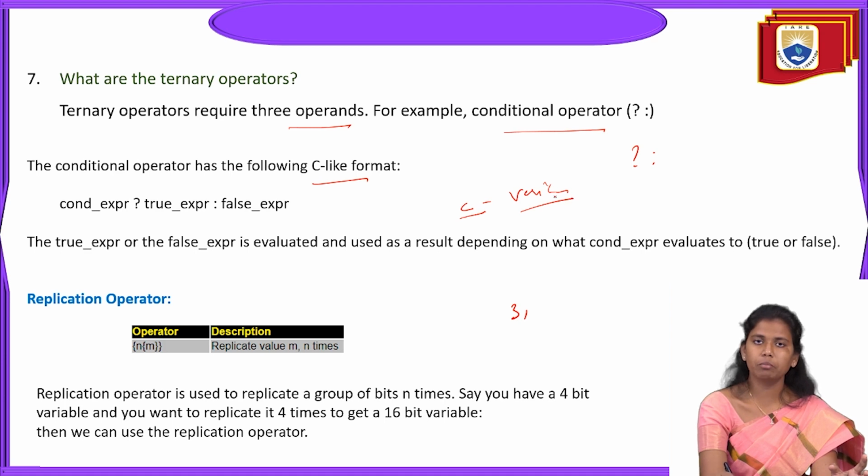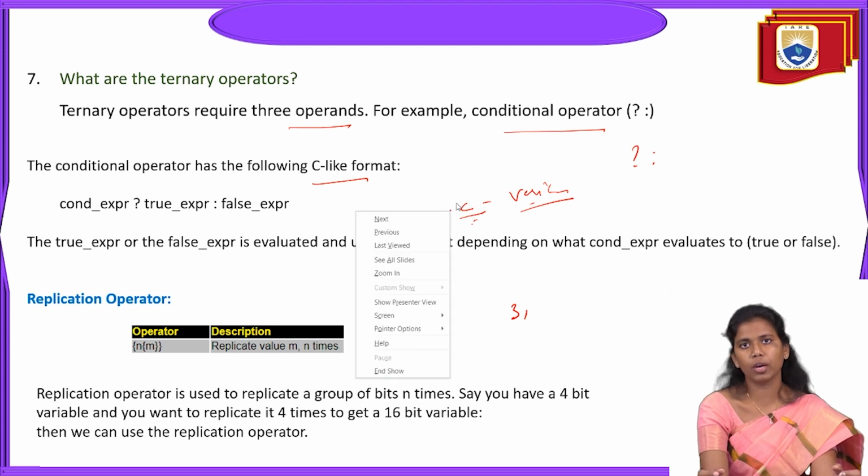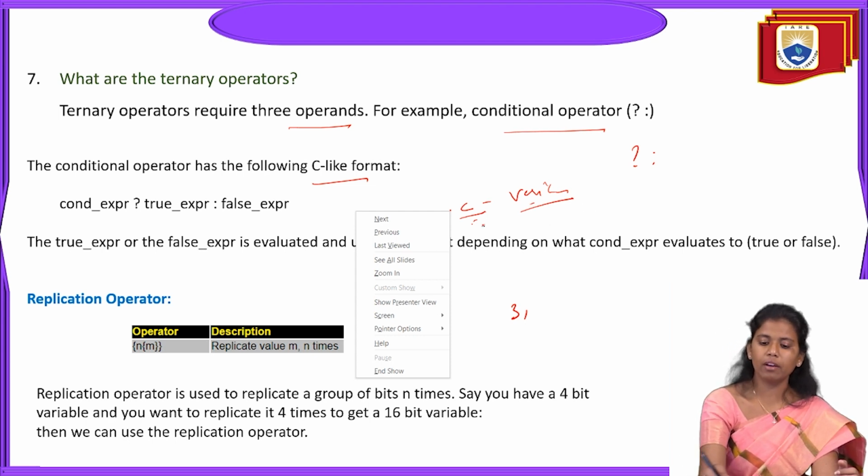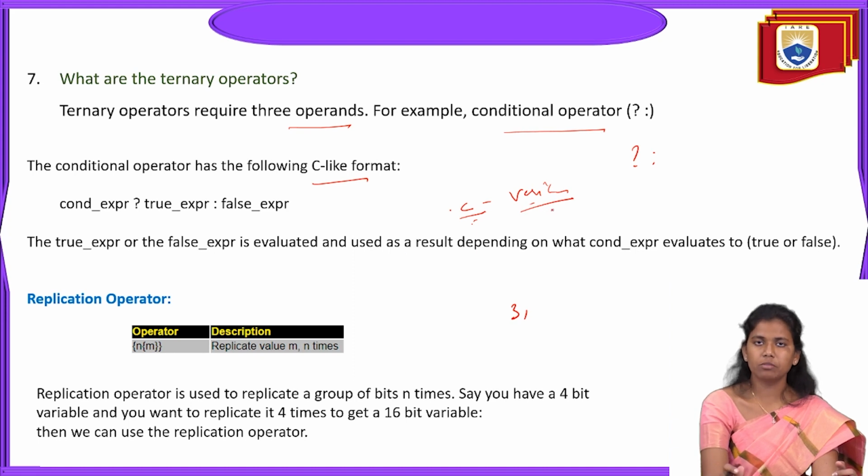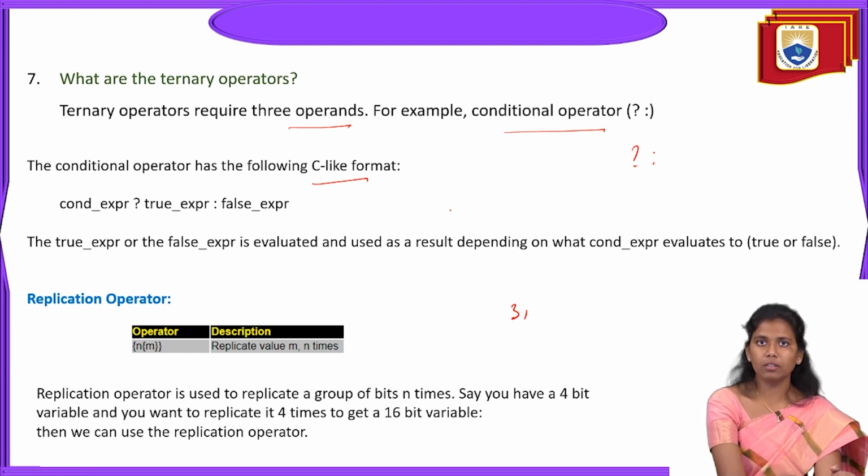In C you have variables, and in Verilog we have variables too. In C you have different primitives, and in Verilog you also have primitives, such as gates. That's the reason we can compare it with the C language. So the conditional operator has the following C format.